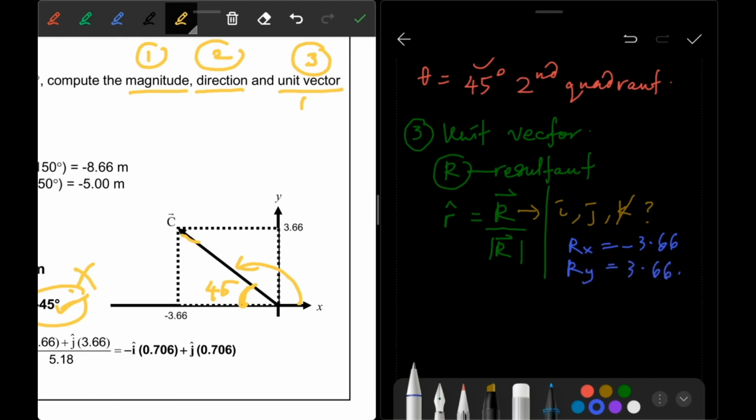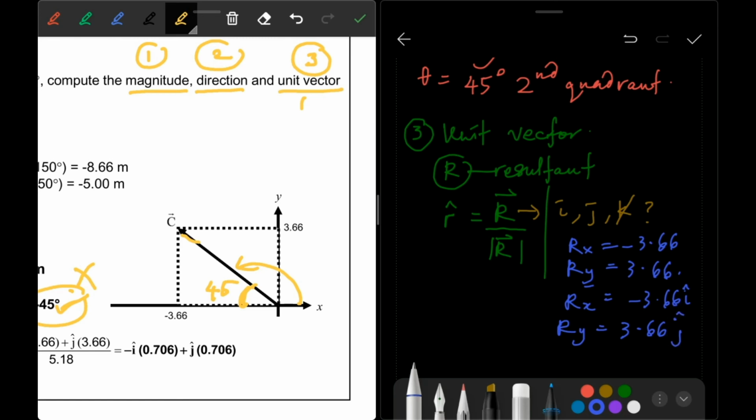So for component x, if you want to write in terms of i, it becomes minus 3.66 i. And then Ry is equal to 3.66 j. Sorry, Ry is for j, not i here.